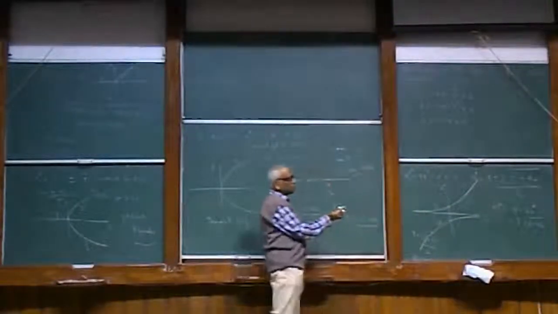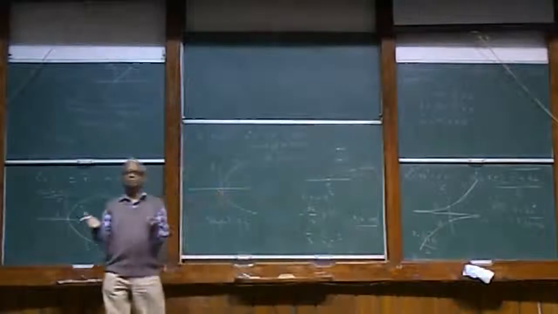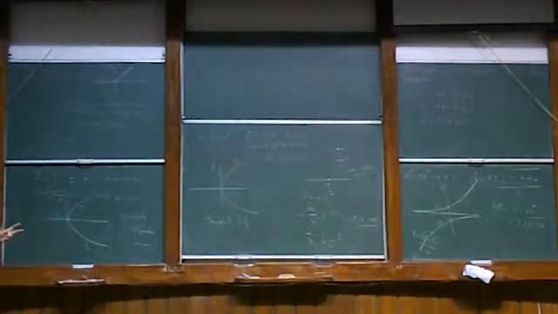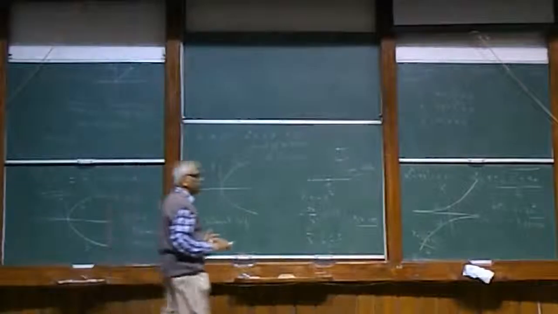But there is no question of transferring stability from one branch to the other. So the bifurcation is gone. No question of bifurcation over here.